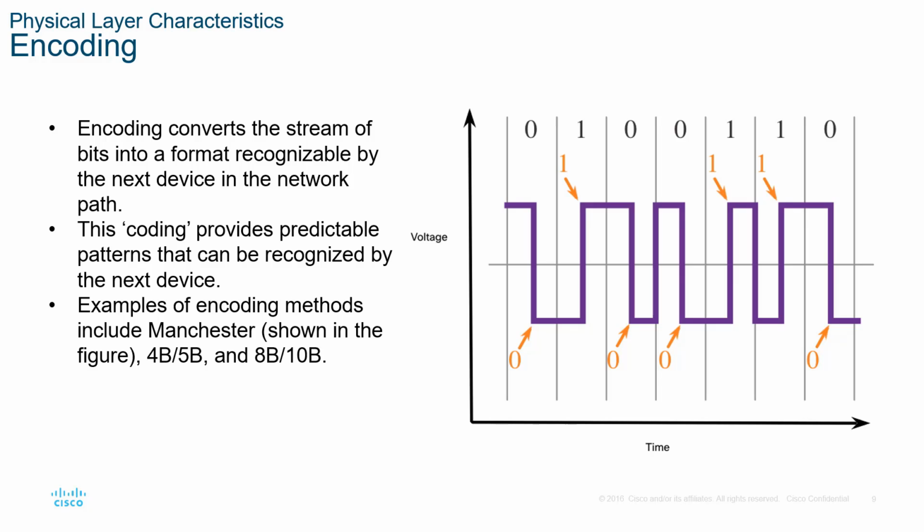Here we have voltage over time. And as we look at the time as it goes on, what is represented as a 0 and what is represented as a 1? That is going to be the encoding. You'll notice that a high rise in the middle of anything represents a 1.